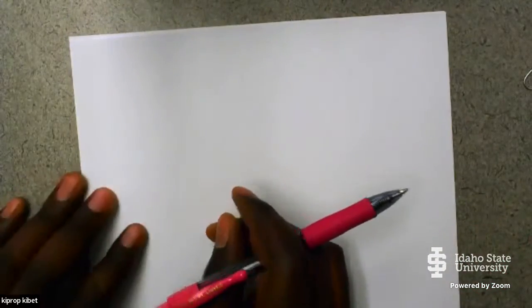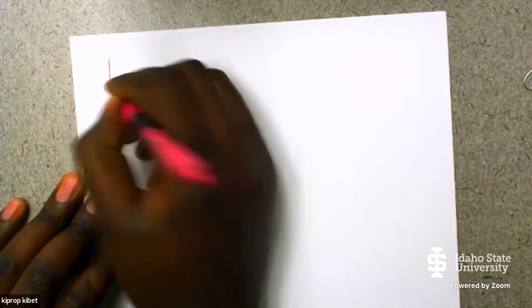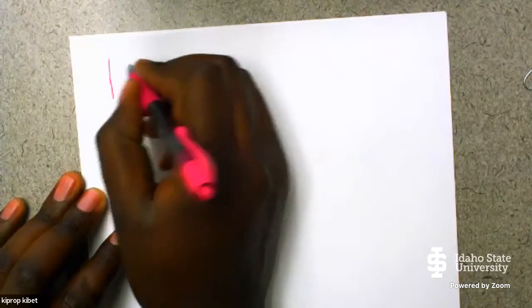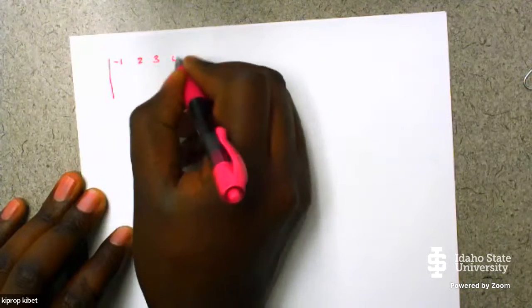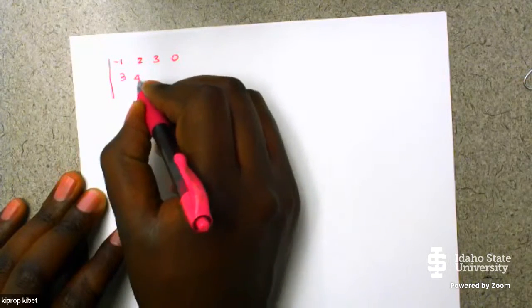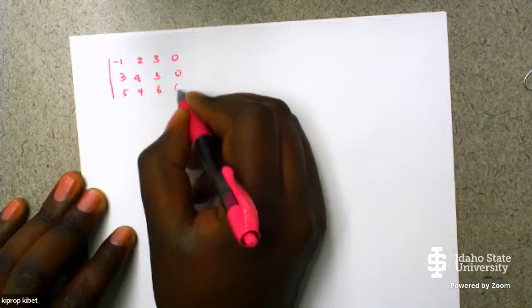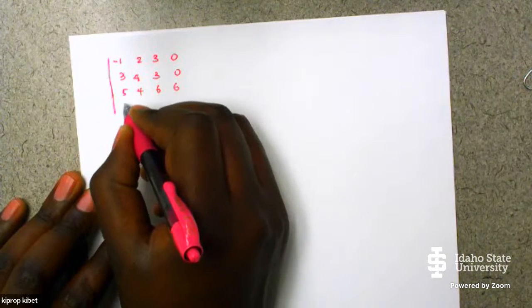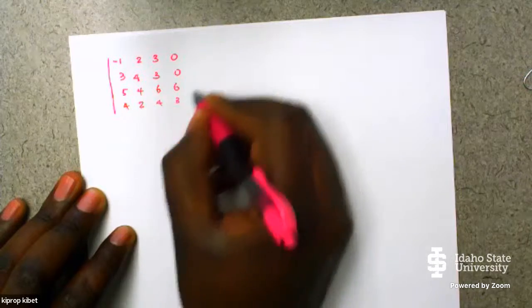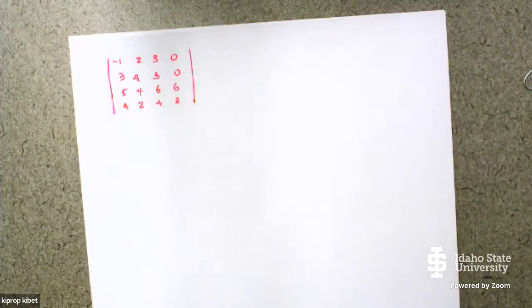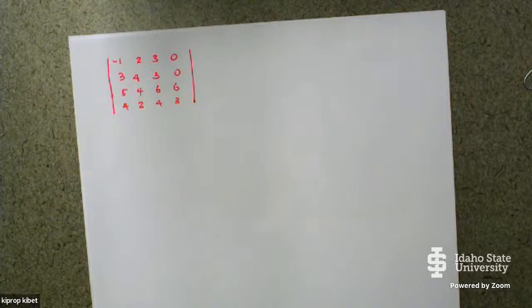So we have this much here: -1, 2, 3, 0; 3, 4, 3, 0; 5, 4, 6, 6; 4, 2, 4, 3. We want to compute the determinant of that by use of the reduction method.